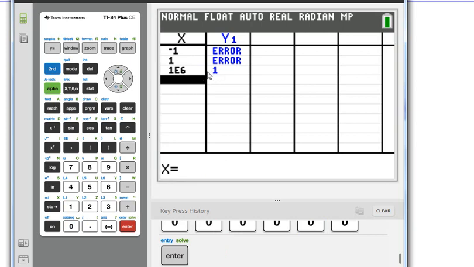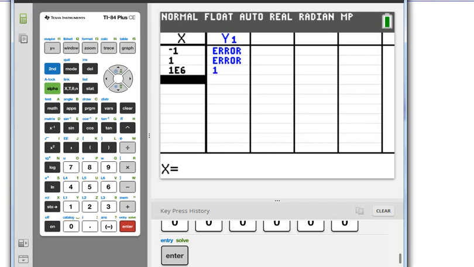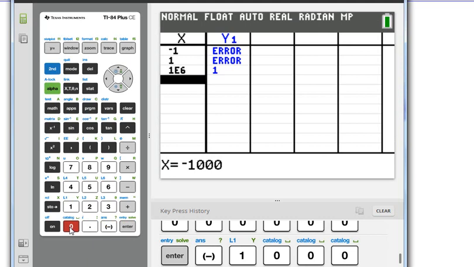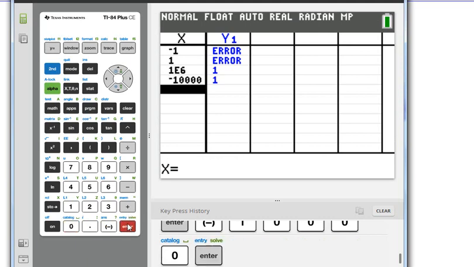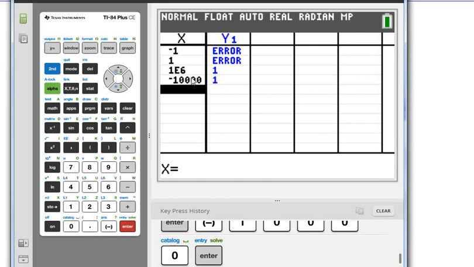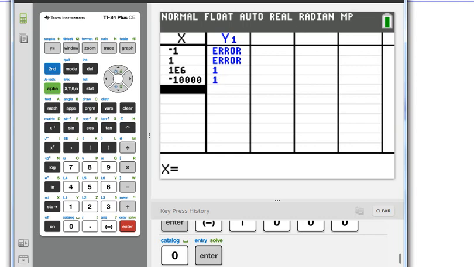The rounding off gets to 1, exactly, which we calculated was our y equals 1. I'm going to try -10,000, and we also get 1. So the limit as x approaches positive infinity and negative infinity is 1.